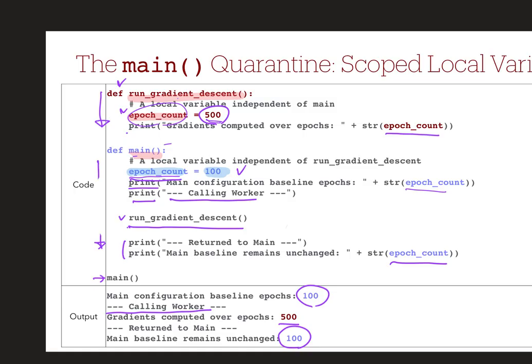And please note that the variable type of the epoch count is an integer type. And we know that an integer type variable is immutable.